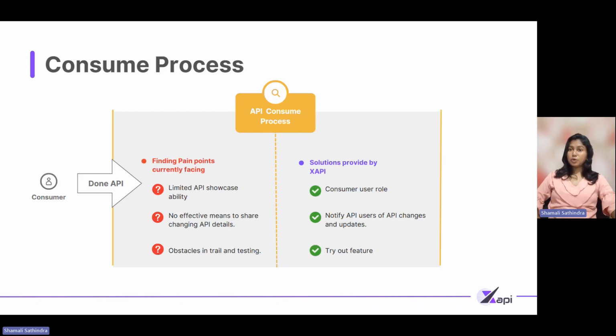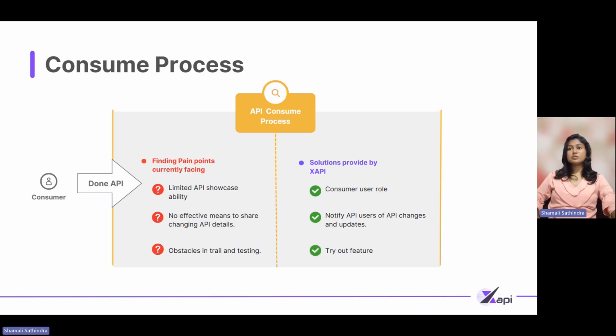Moreover, XAPI provides a proper way to notify API users of changes and updates to that particular API. Whether a new version is created or the API is deprecated, that kind of update can be easily and timely communicated to the consumers using the XAPI platform.